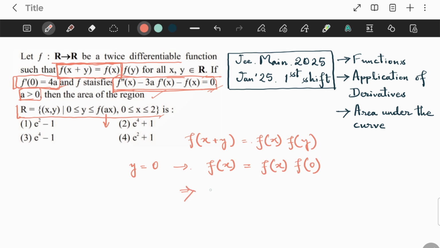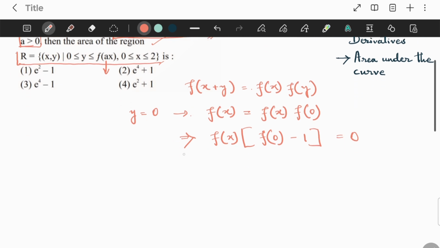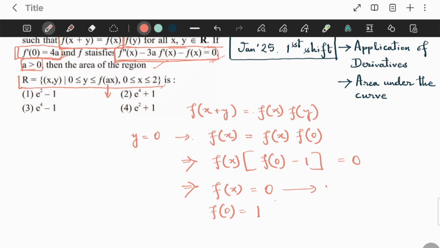If you take fx on one side, this will give you fx into f0 minus 1 equals 0. So this will give you two solutions. One can be fx equals 0, but fx equals 0 is not a possible solution, right? So this is the first: f0 equals 1.